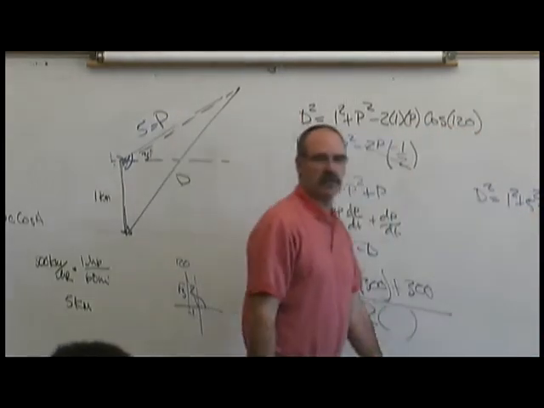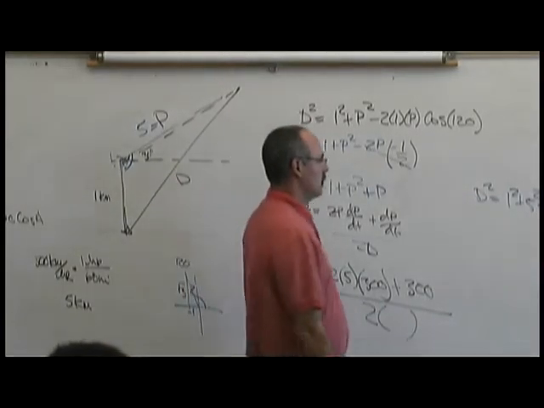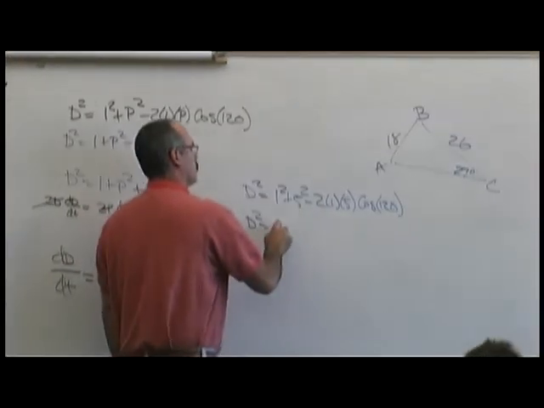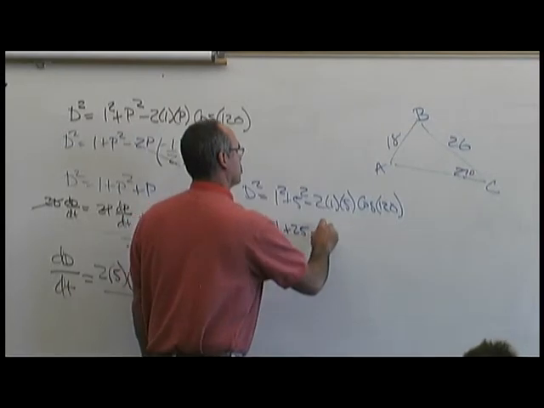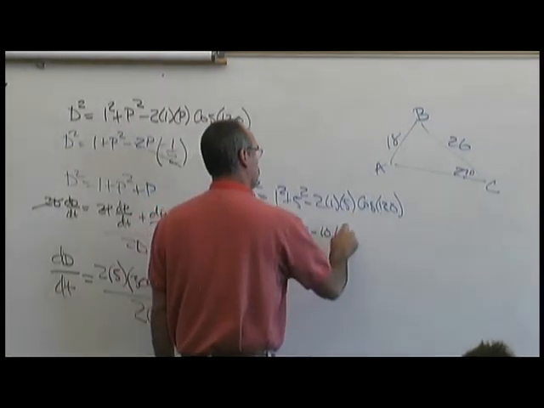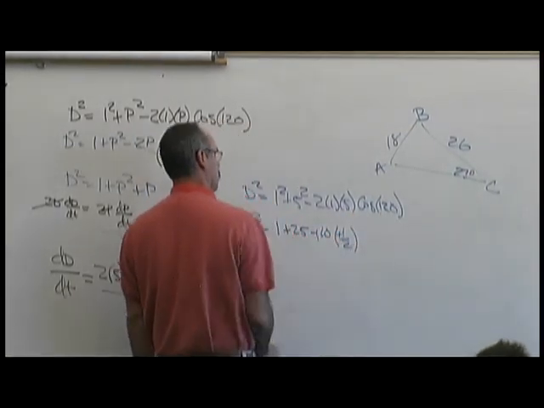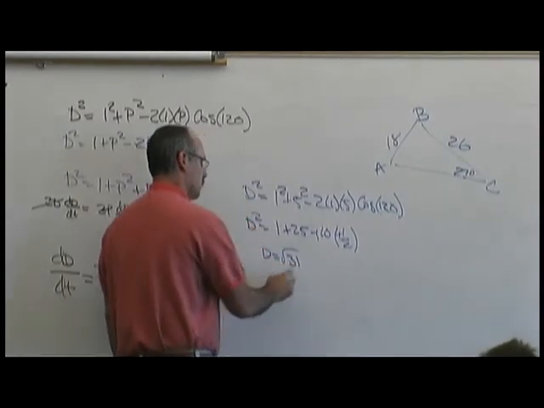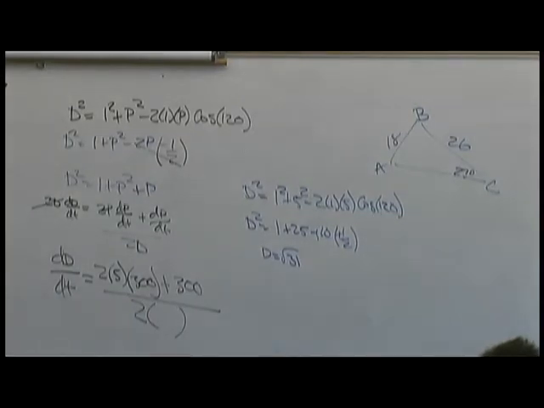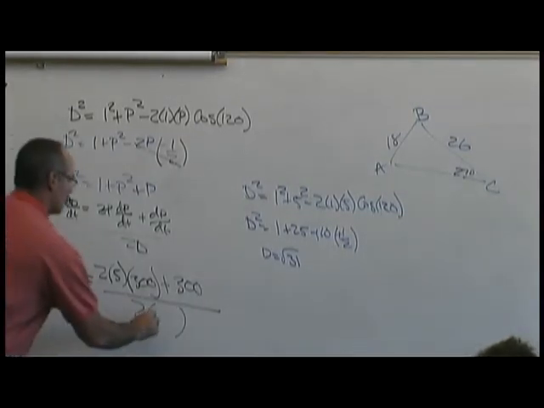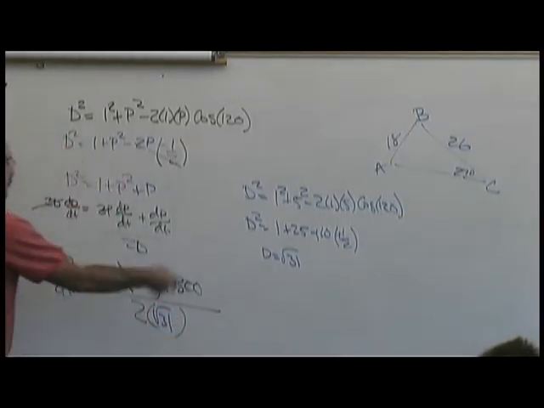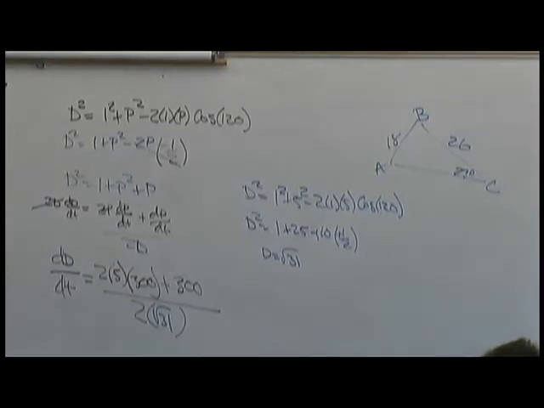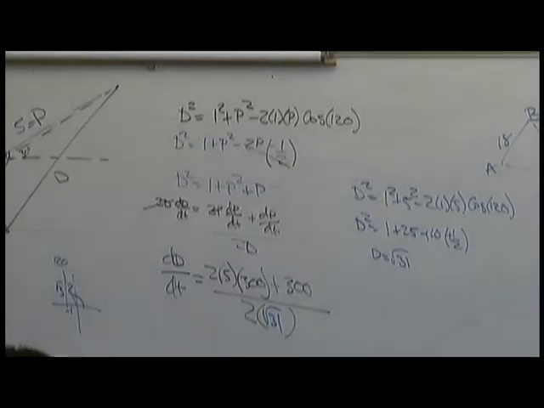We did a ton of these in our trig class, didn't we? d squared is equal to 1 plus 25 minus 10 times negative 1/2. I get the square root of 31. Crunch it all out and tell me how fast the distance is changing.